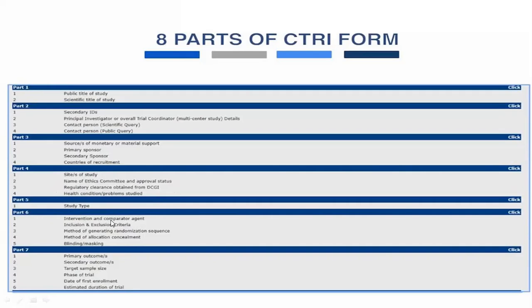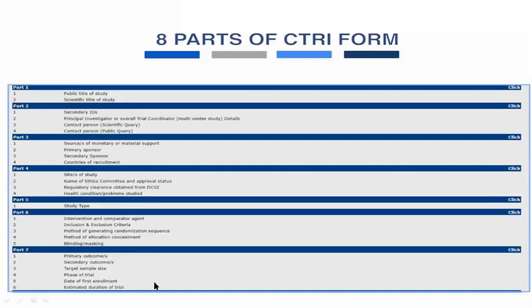Part 6 will provide you the information related to the intervention and the comparator agent, inclusion and exclusion criteria, method of generating the randomization sequence, method of allocation concealment, then the blinding and the masking. So all the study information is provided in part 6. Part 7 will contain the primary outcome, secondary outcome, target sample size, phase of trial, date of first enrollment, and the estimated duration of the trial.